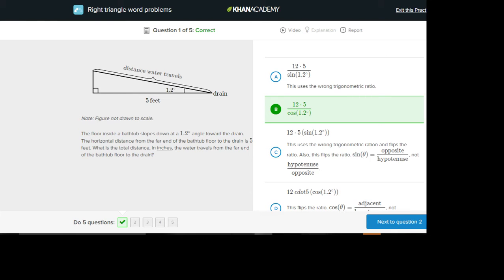I actually didn't really know what I did. I just looked through them. What side of the triangle is that? That's the adjacent. What side is that? Hypotenuse. What has hypotenuse and adjacent in it? What trig function? Cosine. That's what I did. Is that right? Mm-hmm. Oh, okay, cool.